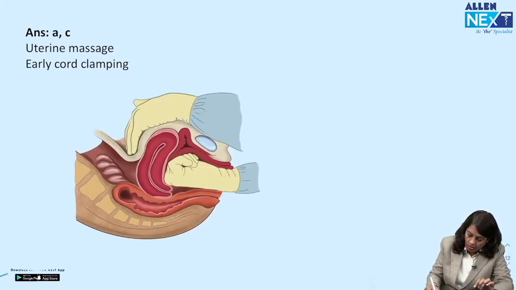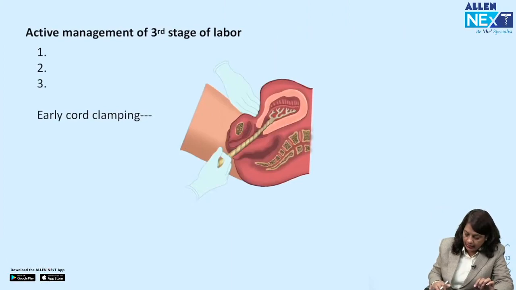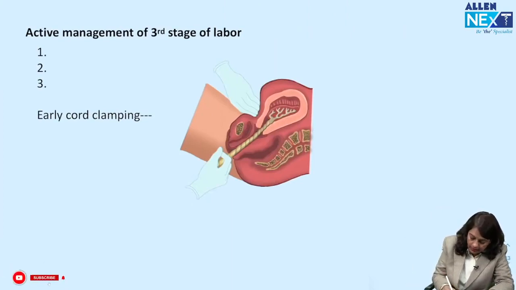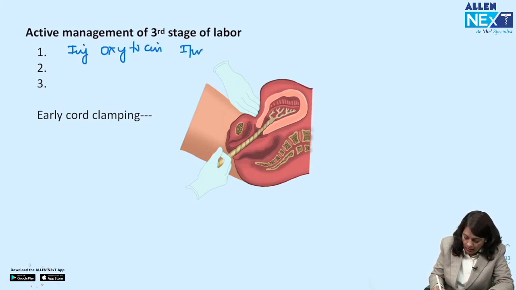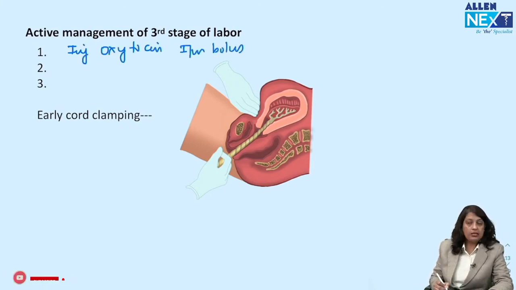So what are the parts of active management of third stage of labor? Number 1, you have to give a uterotonic, that is injection oxytocin, intramuscular bolus.